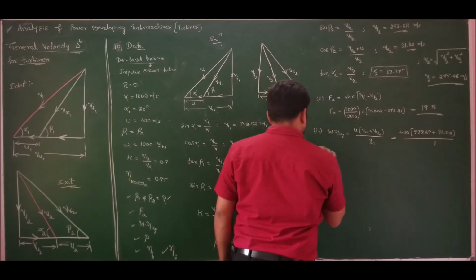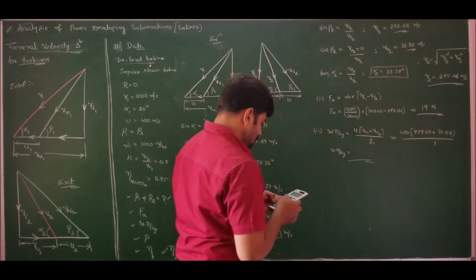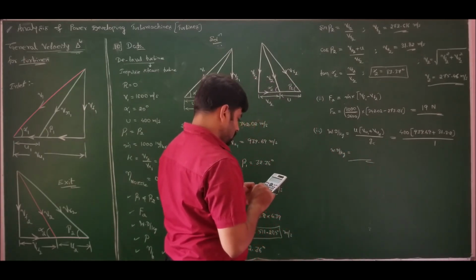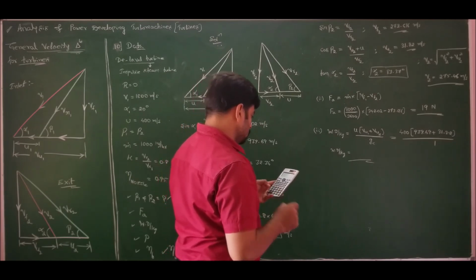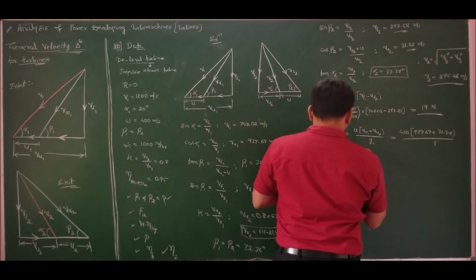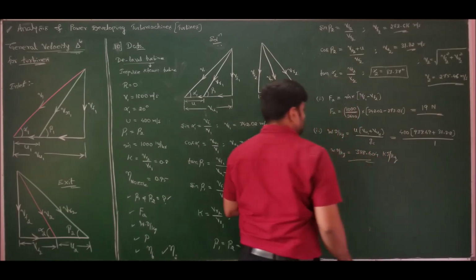So work done per kg will be 400 into 939.69 plus 31.82, which is equal to 388.604 kilojoules per kg, not joules, kilojoules. I divided by 1000 again.